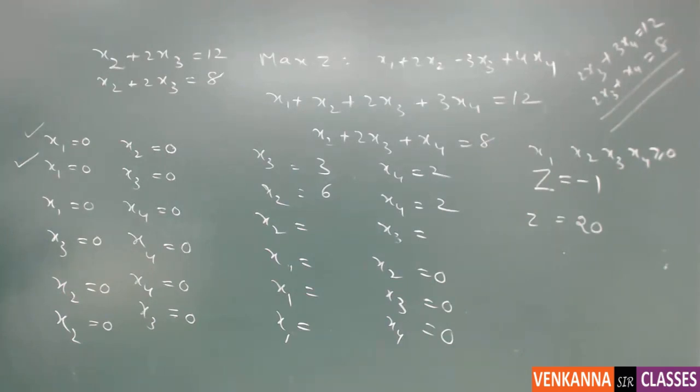Am I correct? Yes. Now, these are dependent equations, right? If you put x2 equal to 0, what is the value of the other? It is also 0. They are dependent equations, yes or no? The system cannot be solved, so you put a dash here.